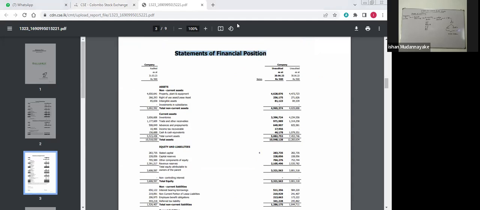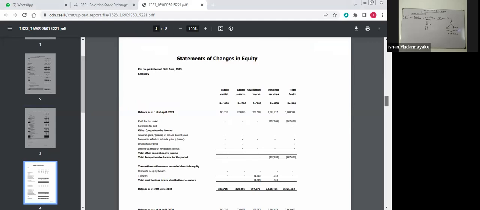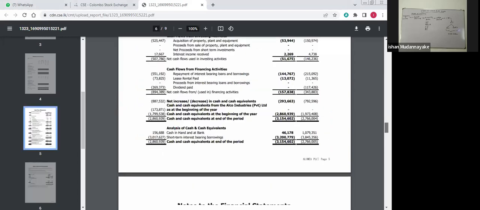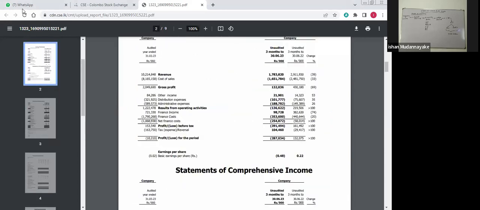Statement of financial position, Alimax PLC. Okay, cash flow statement. Now, practical things. These are 100% practical information.